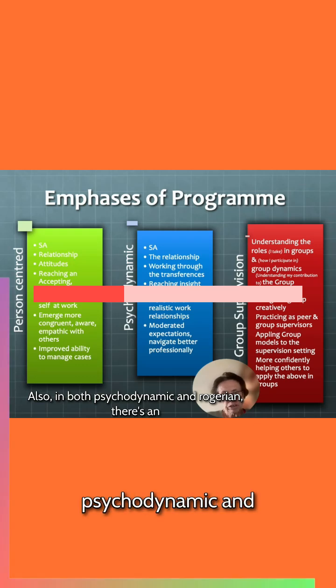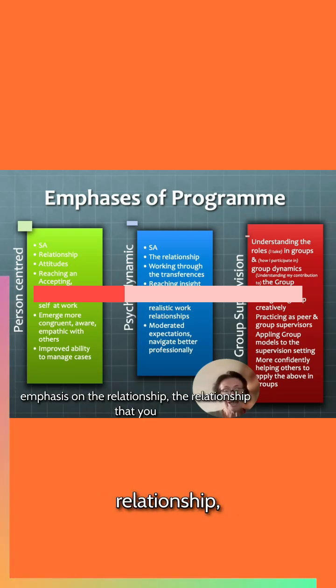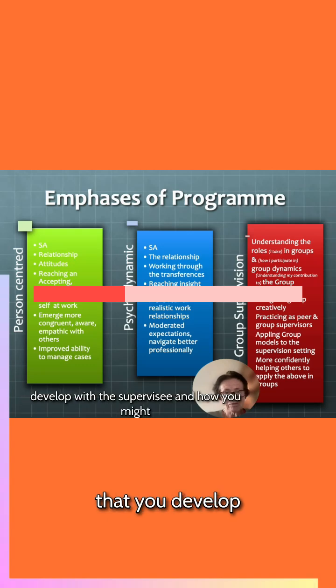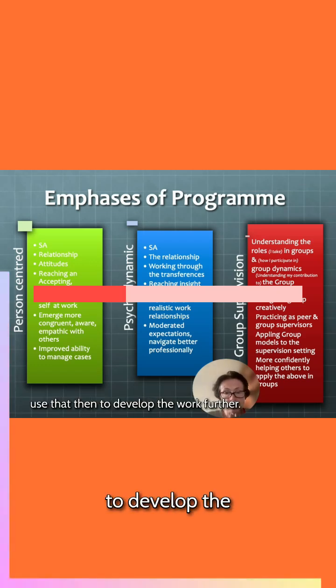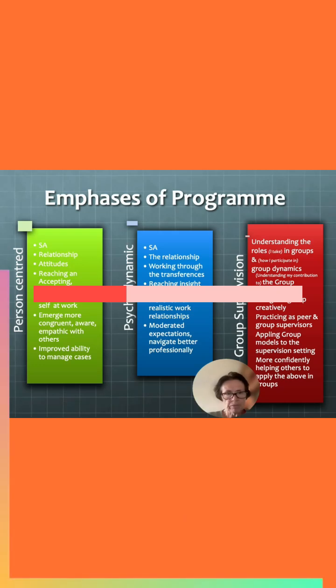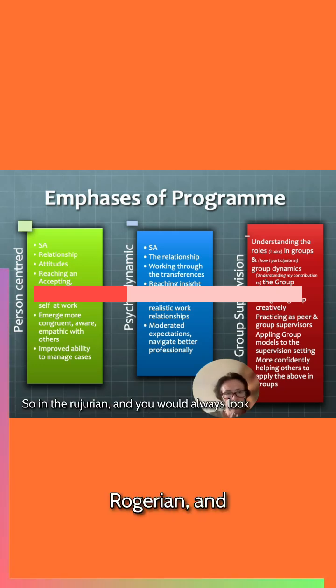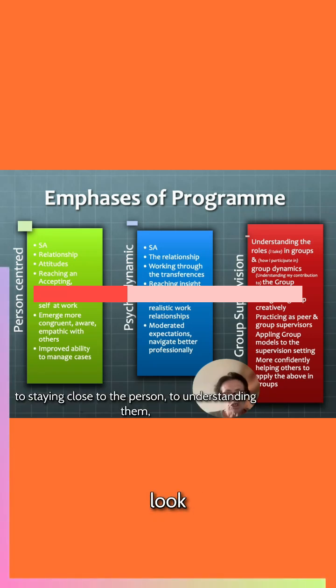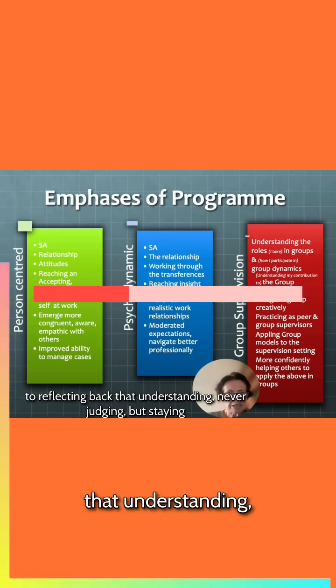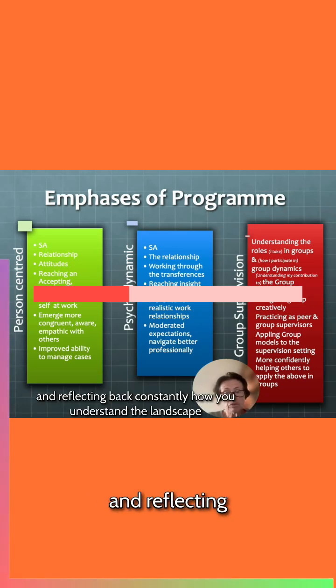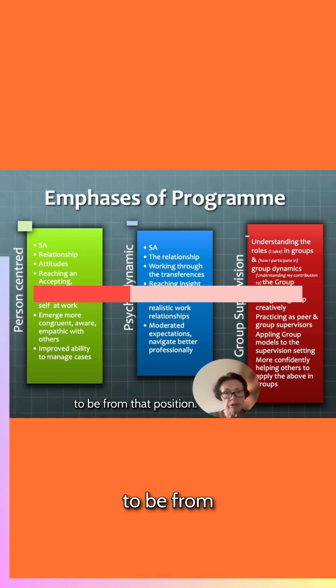Also, in both psychodynamic and Rogerian, there's an emphasis on the relationship that you develop with the supervisee, and how you might use that then to develop the work further. So in the Rogerian you would always look to staying close to the person, to understanding them, to reflecting back that understanding, never judging, but staying close to them as a companion on their journey and reflecting back constantly how you understand the landscape to be from that position.